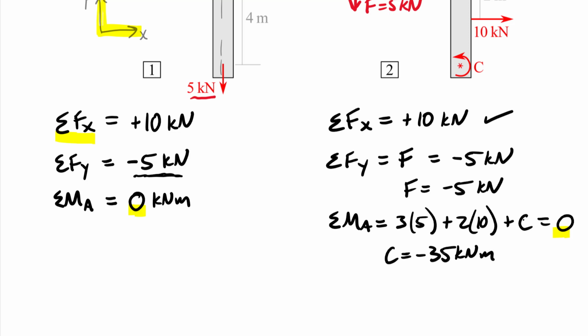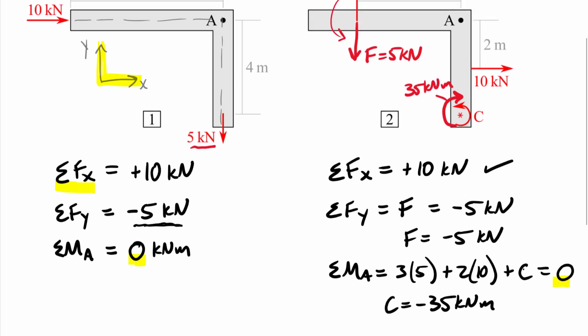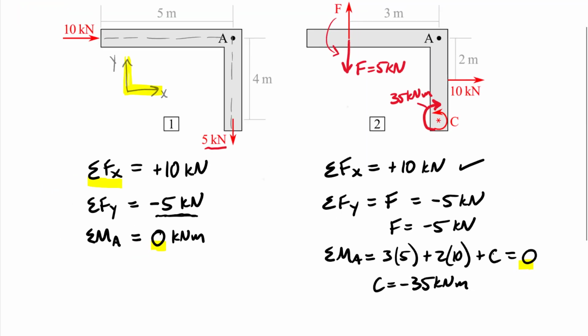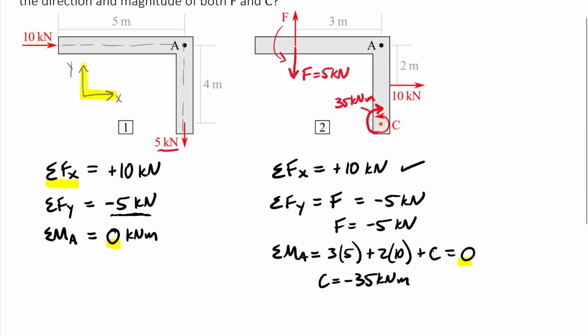Okay, so it turns out that negative couple would be going in this direction right here, and the value there would be 35 kilonewton meters. So that would be the correct directions. Our force vector would be going downward, and our couple at point C is 35 kilonewton meters, negative from the right-hand rule. And of course, we can move this couple anywhere we wanted.